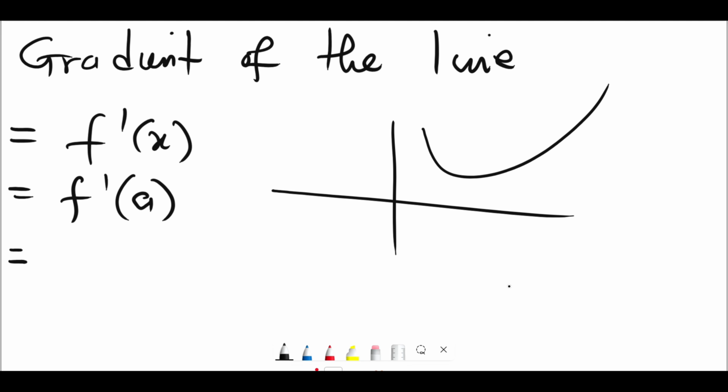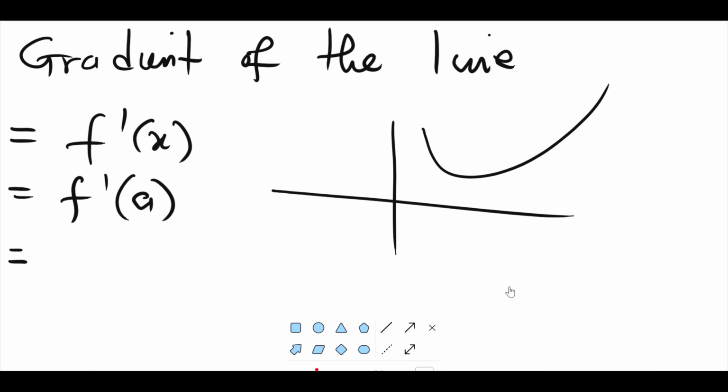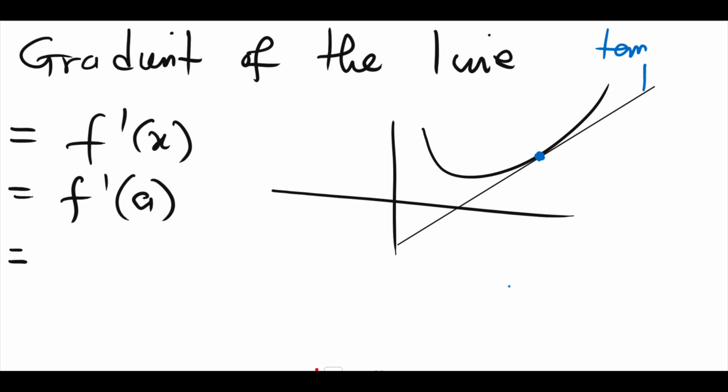If you have a curve and you have your tangent to the curve, let us assume I have my tangent here. It is a point of intersection. So this is the tangent to the curve. Now, if I have another line which is perpendicular to the tangent, let me draw another line over here.